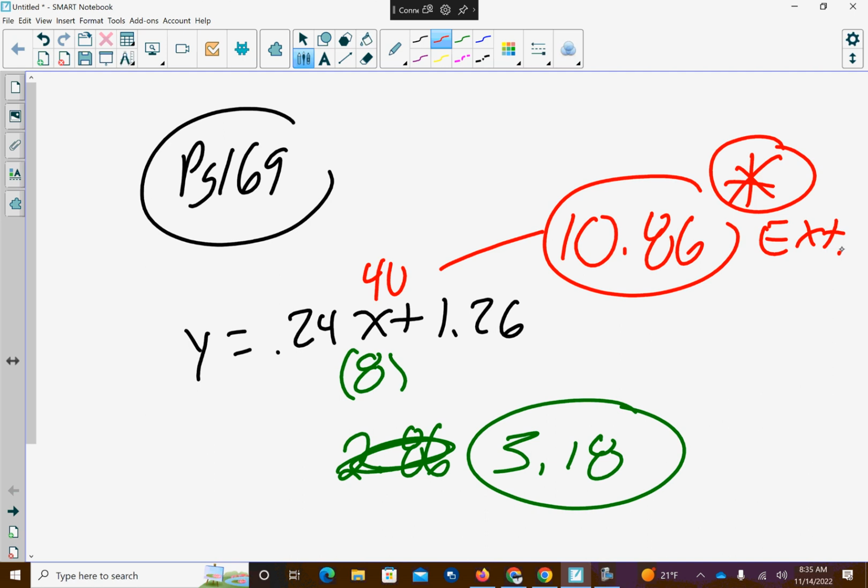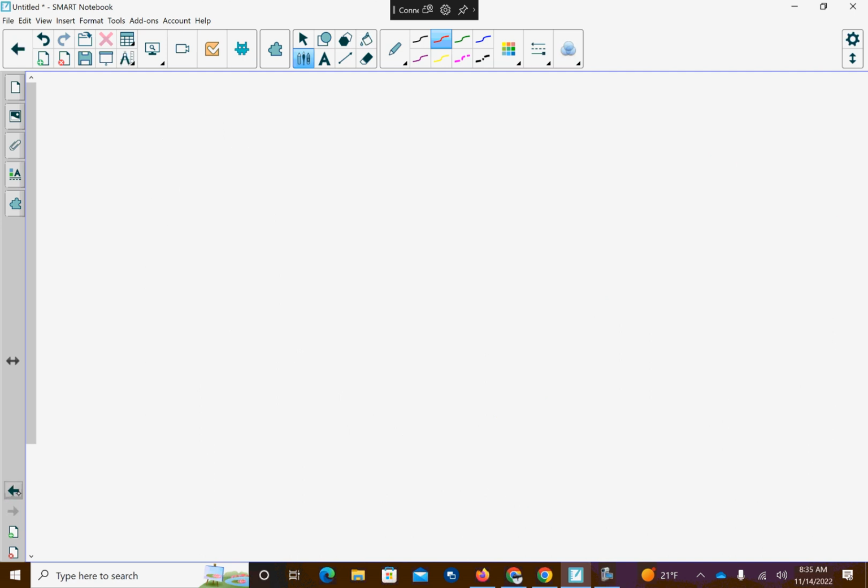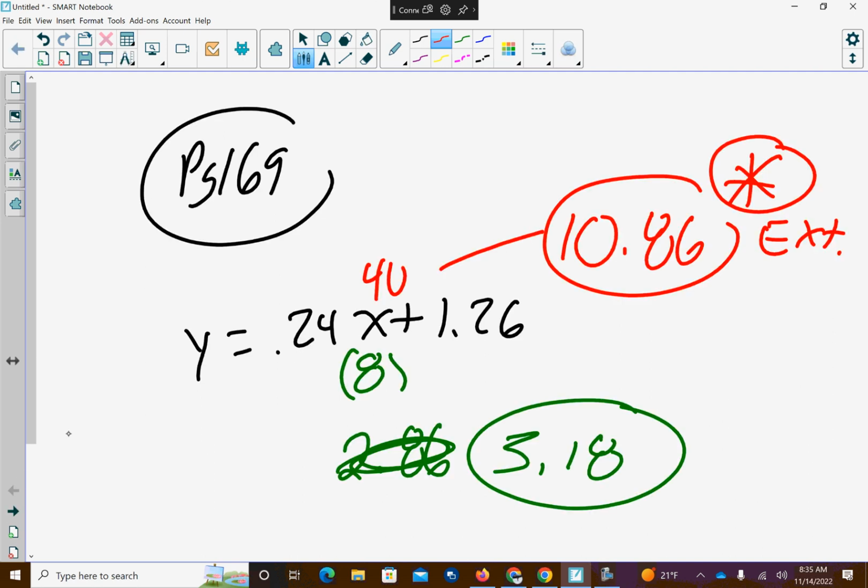And then calculate the residual for the trial that took 12 hours. Okay, so I'm going to take 12 and plug it in.